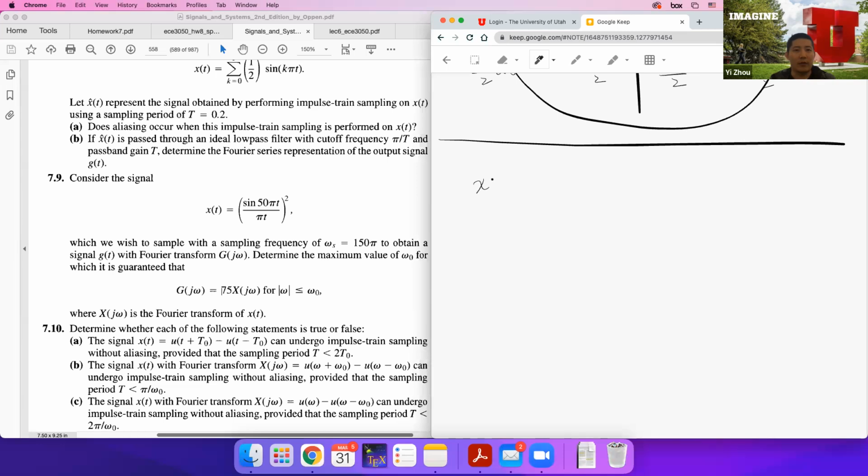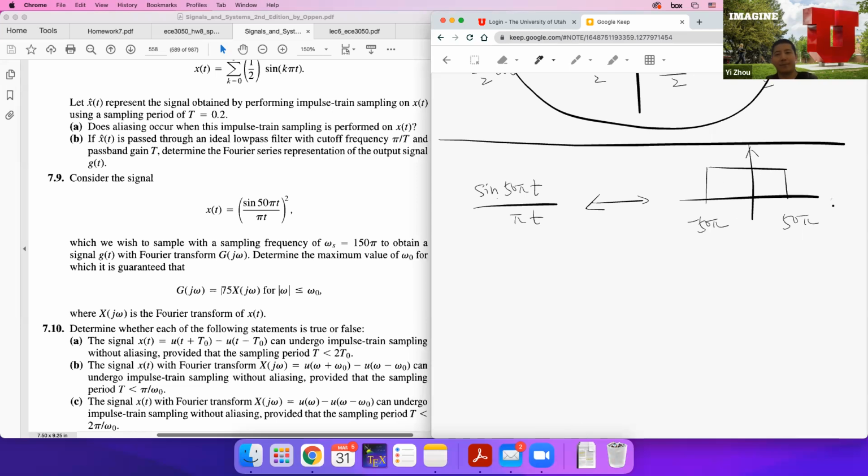So x(t). From the previous discussion, we know that this signal has a spectrum. It's a rectangle type signal, with spectrum given between 50 pi and negative 50 pi. This is a standard transformation pair.